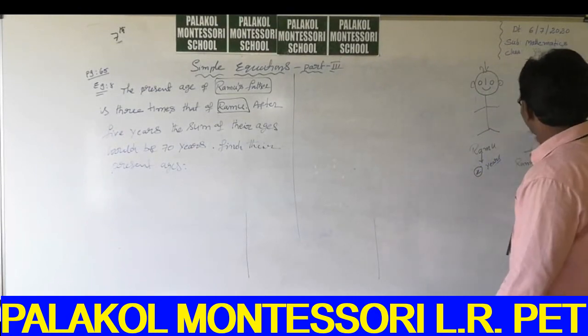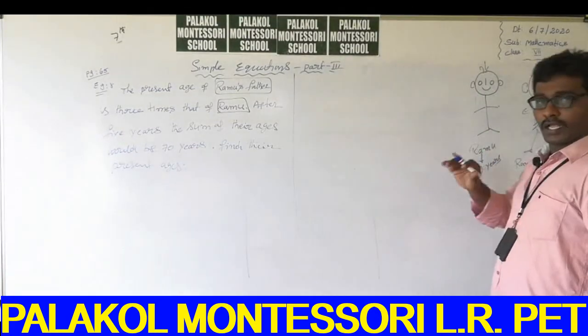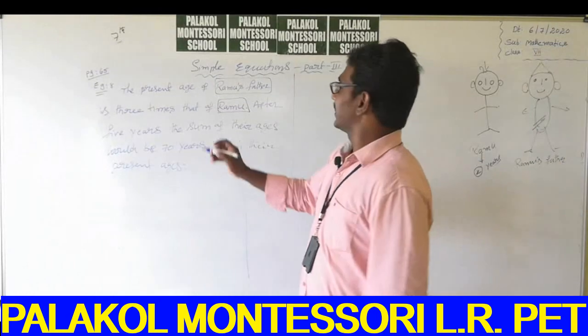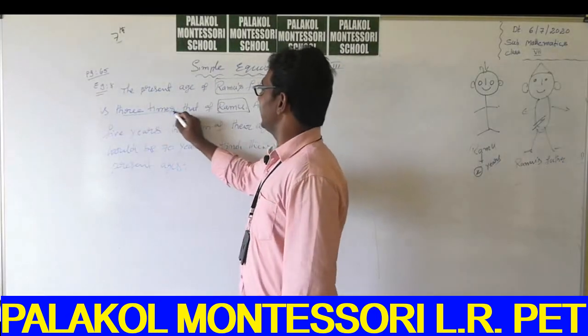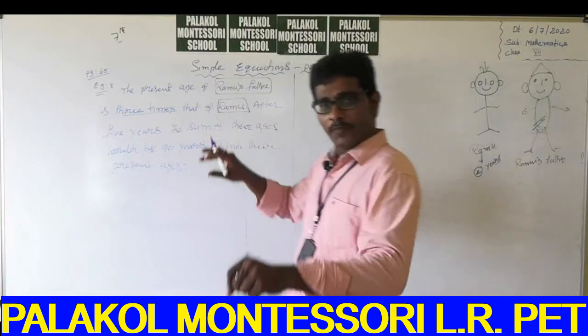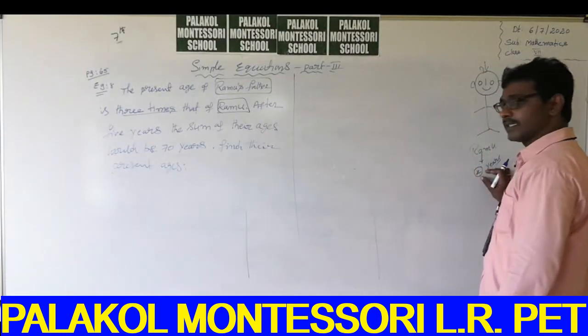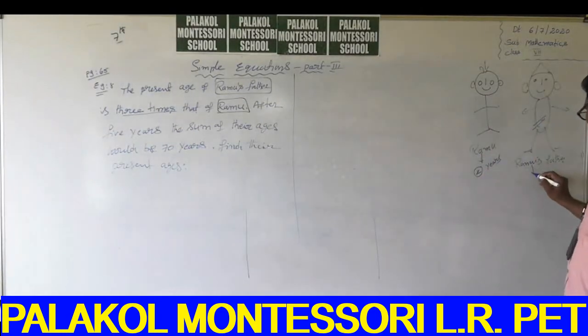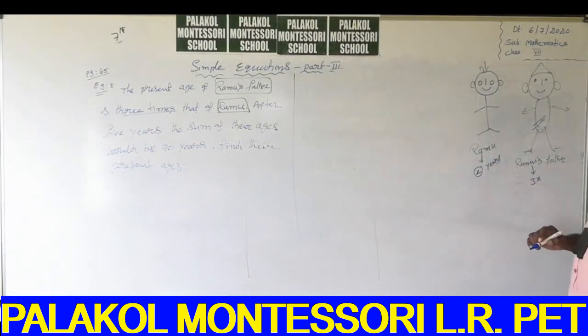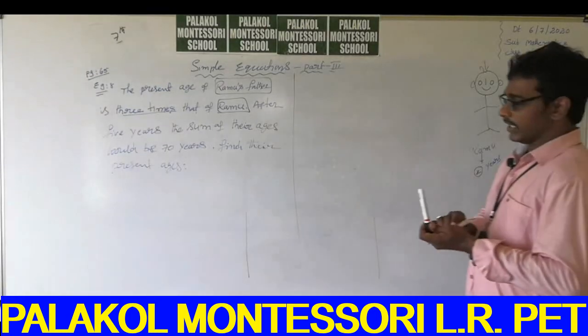His father is 3 times Ramu's age. Ramu's age is x, so the father's age is 3x.